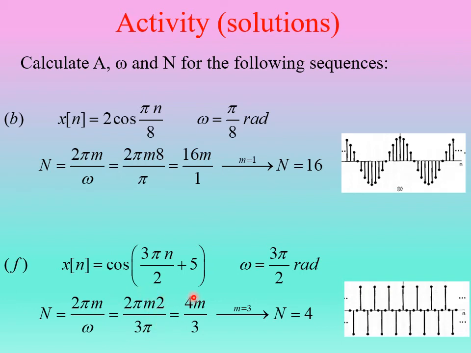Multiply 2 times 2 is 4. The pi's cancel. We have 4m over 3. The smallest value of m that makes this an integer is m equal 3, which gives us our period of 4. And by the way, this sequence is plotted right here, and you can see this thing repeat itself every 4 values because that's the fundamental period of this sequence.